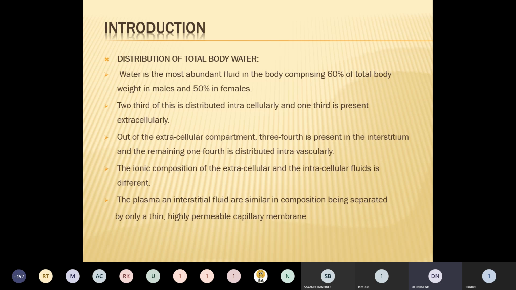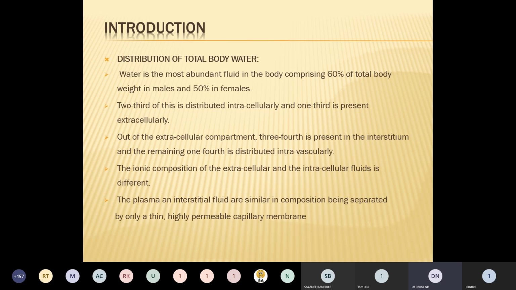Two-thirds of this is distributed intracellularly and one-third extracellularly. Out of the extracellular compartment, three-fourths is present in the interstitium and the remaining one-fourth is distributed intravascularly.